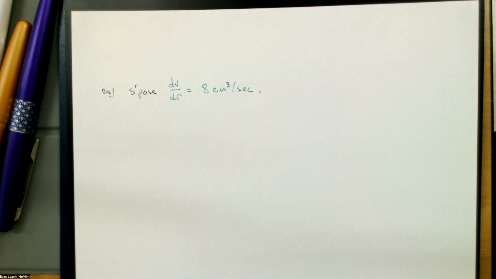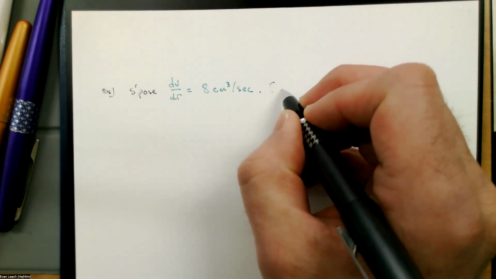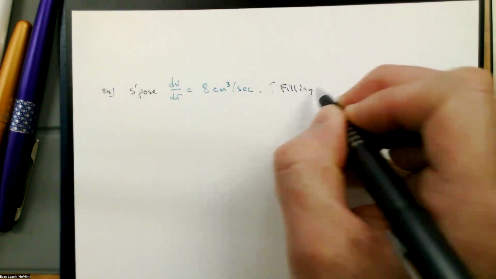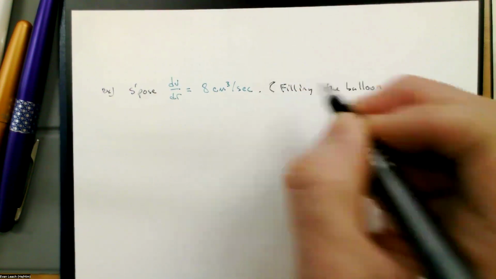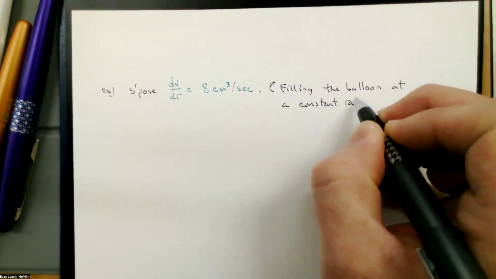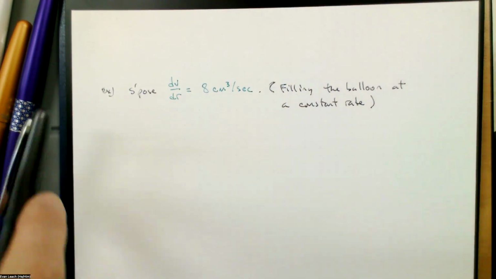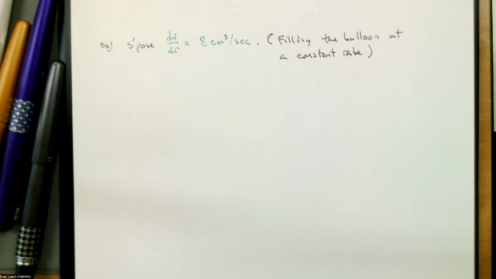The idea here is that we are putting air into the balloon at a constant rate. We have a machine that can reliably push 8 cubic centimeters per second. I don't even know if this is a lot.